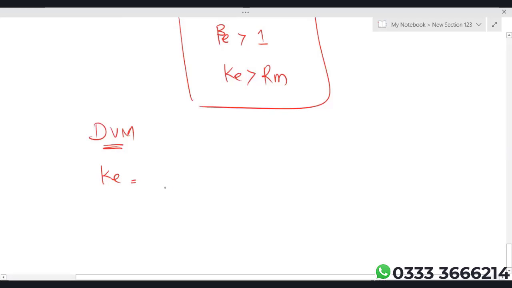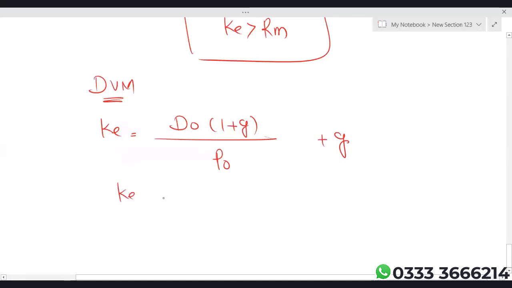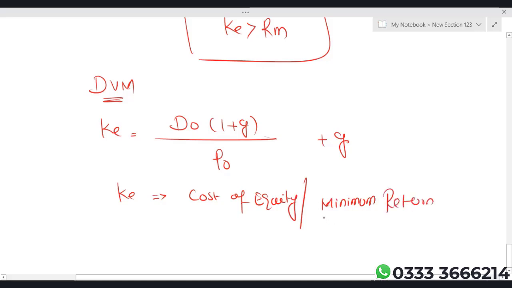So KE is equal to D naught (1 plus G) upon P naught plus G. KE, we know, is the cost of equity; another name is the minimum return required by the shareholders.